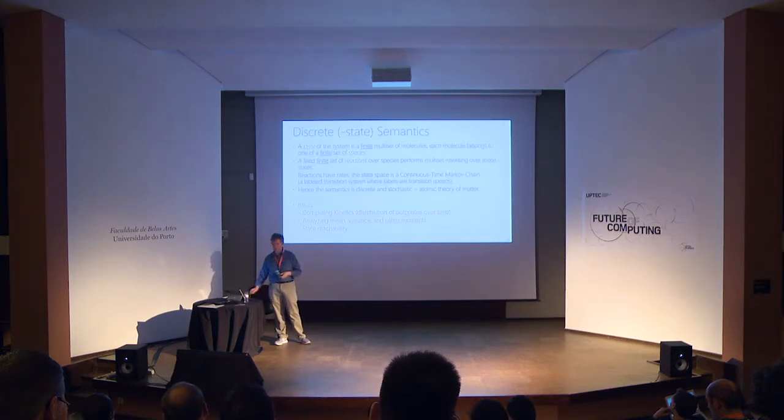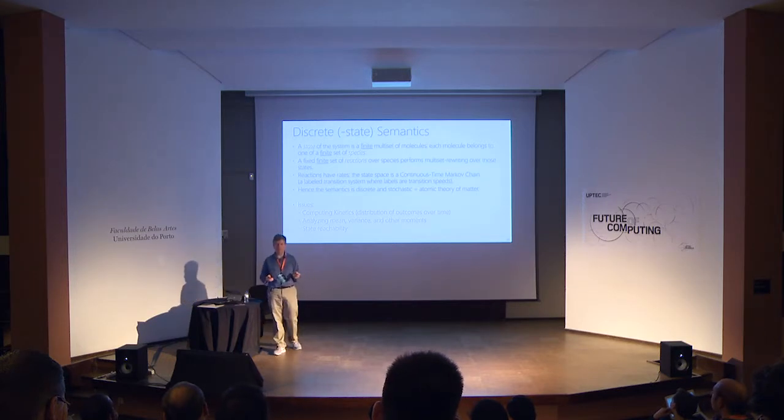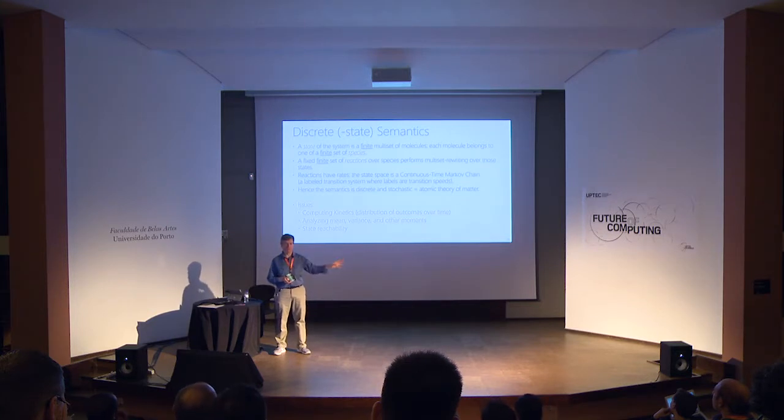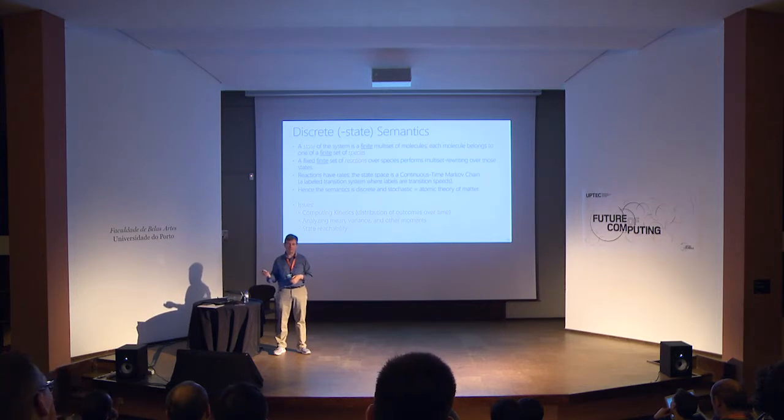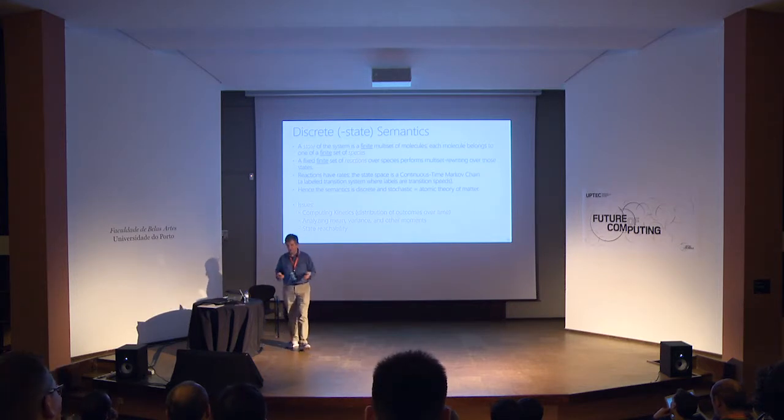In this model, a state of the system is a finite set of molecules of different species. So you have 200 of this, 300 of that, 100 of those, but they're all finite. You also have a finite set of reactions that operate on these molecules. So it's basically a multi-set rewriting system. It's also a Petri net.